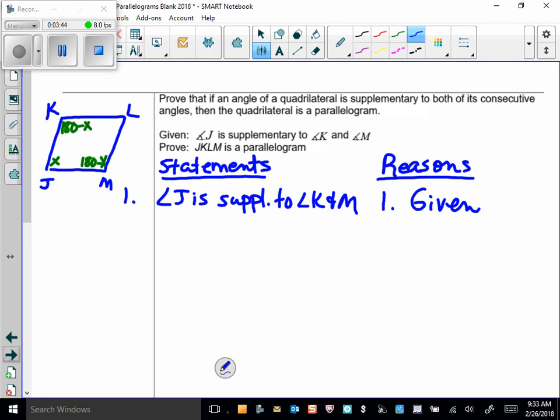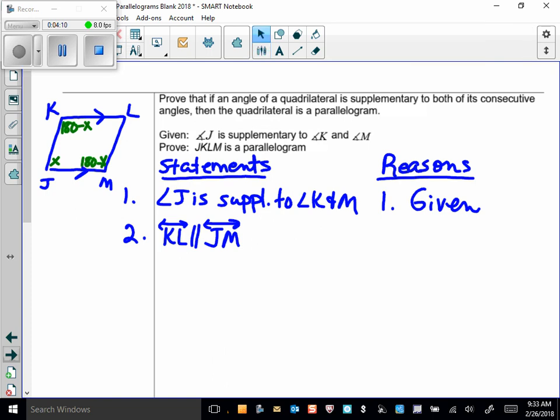Okay, so let's see, what does that tell me? Oh, I know. This tells me that KL is parallel to JM, because look, if this is a transversal and these two angles K and J are supplementary, then I know that those two are parallel.